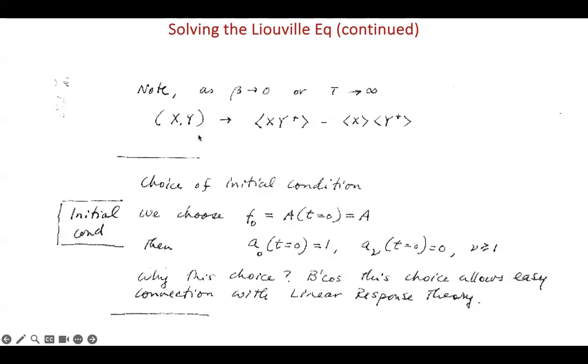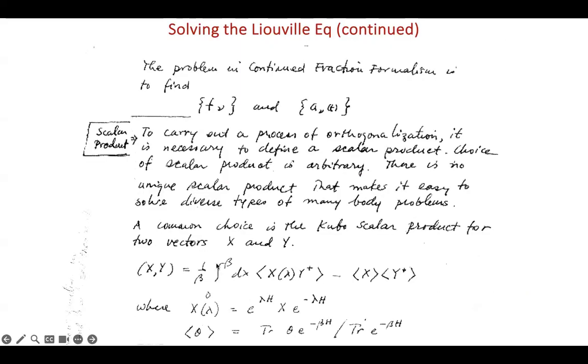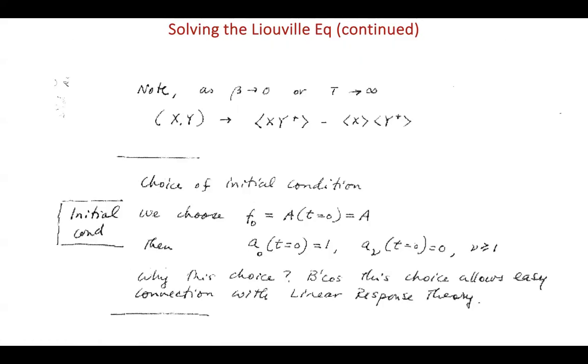Then in this equation that you have for Kubo, the integral doesn't play a role anymore. You essentially have a high temperature case, and in that case, the scalar product of x and y goes over to what we call the fluctuation formula.